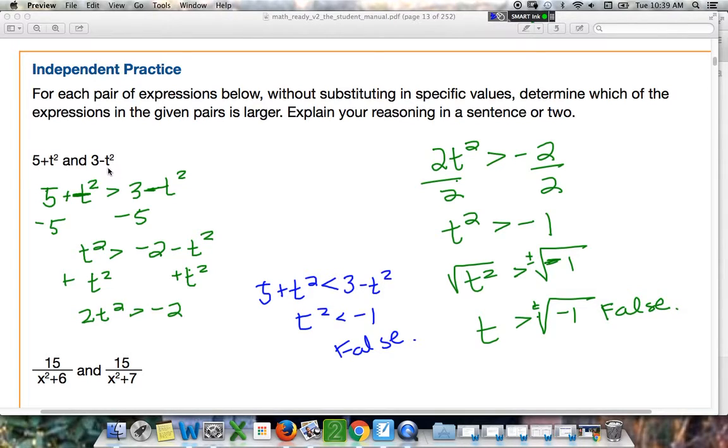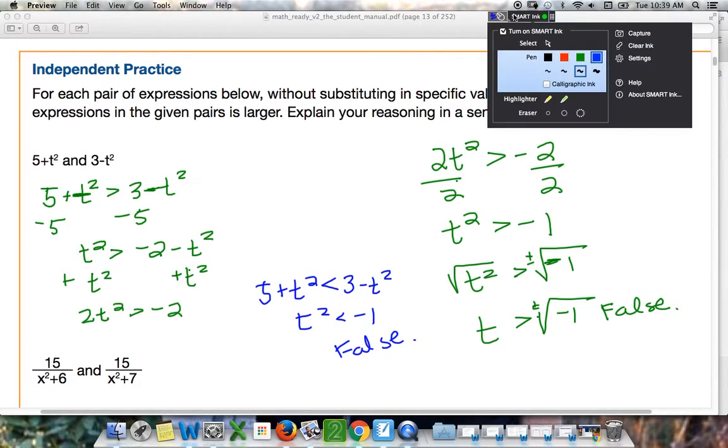So try to figure that out. Think it through. See if there's a time where this could be a number where this would be larger or smaller than this. When could you determine that? And we'll talk about that in class. And if you're not here for class, let me know if you have any questions. Okay.